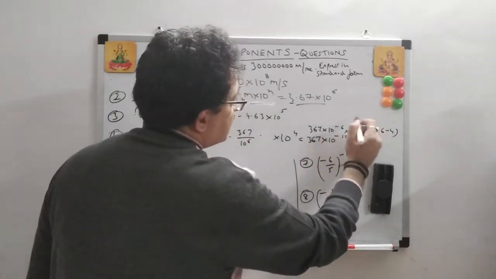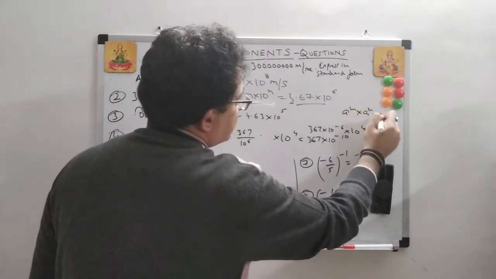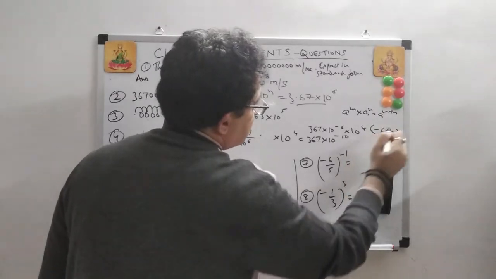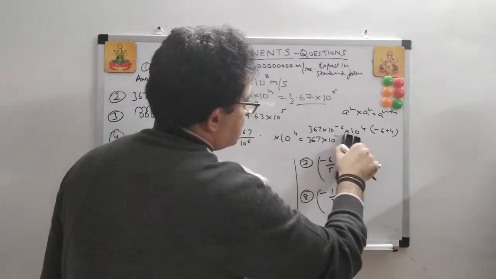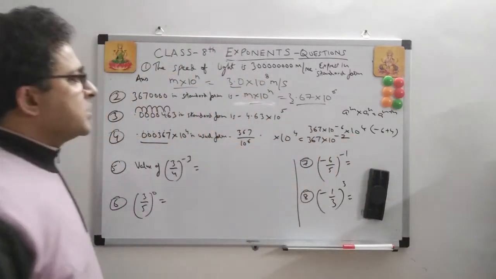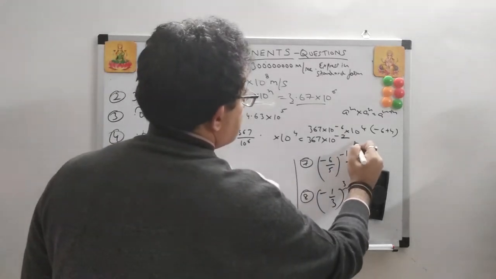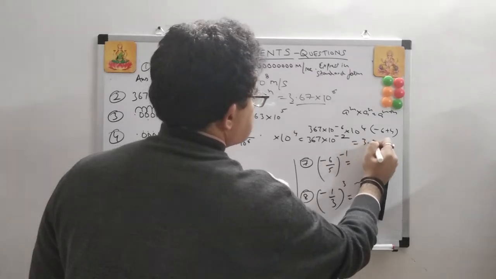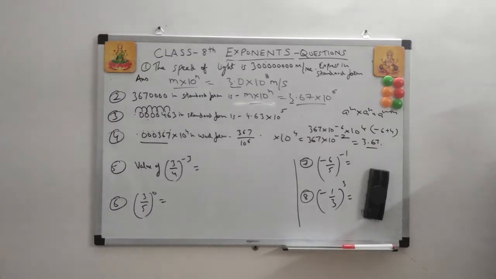Like a to the power m into a to the power n is equal to a to the power m plus n. So this will be minus 6 plus 4. So this is 10 to the power minus 2. Or you can write this as 3.67. This is the usual form.